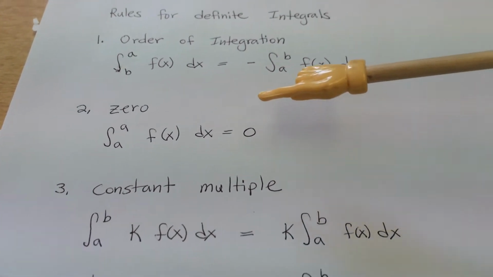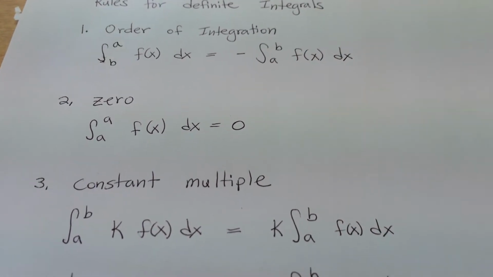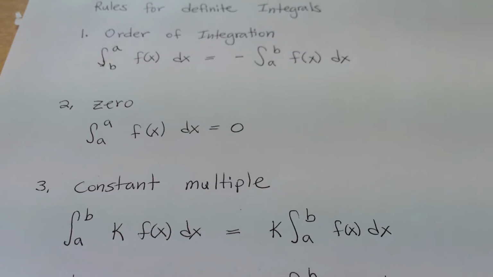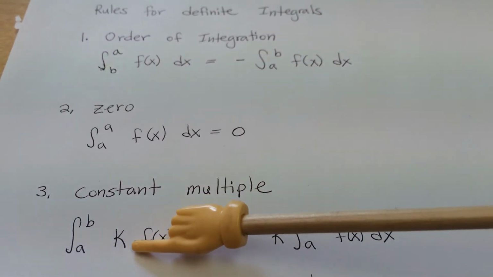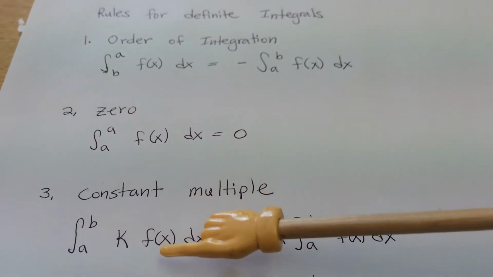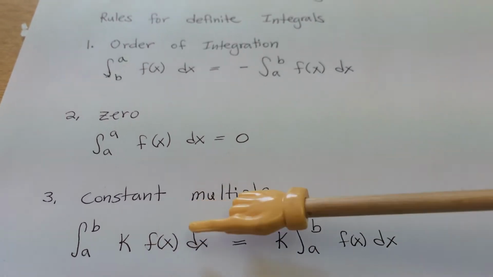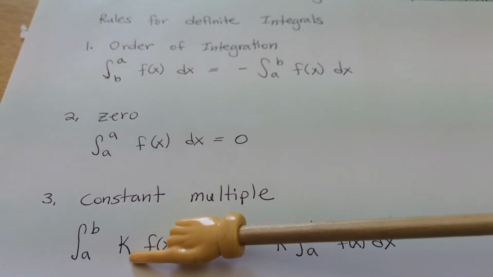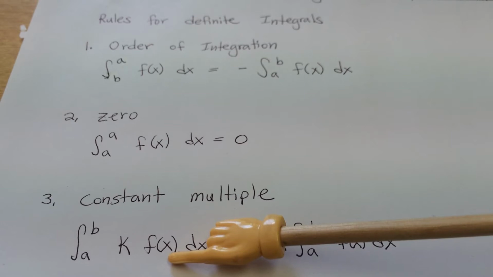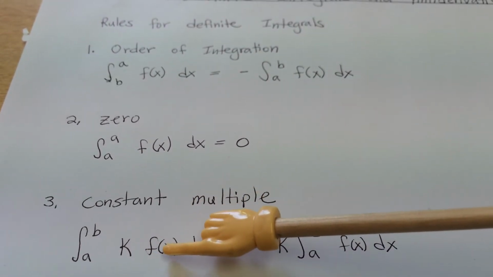Okay? Rule number 3 says it's a constant multiple. Constant multiple means basically that you have a number right here, that's our k, and then you have an equation right there, f of x. So normally that f of x is like 3x to the second power or something like that, where f of x is some kind of variable.